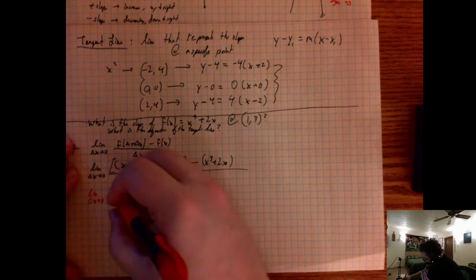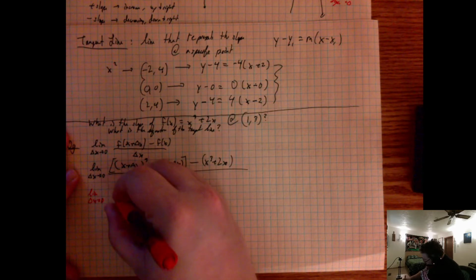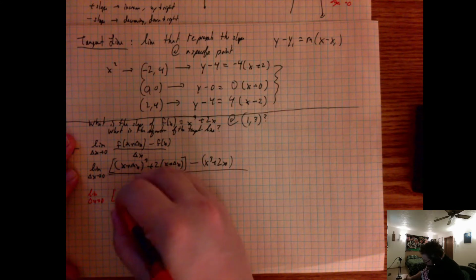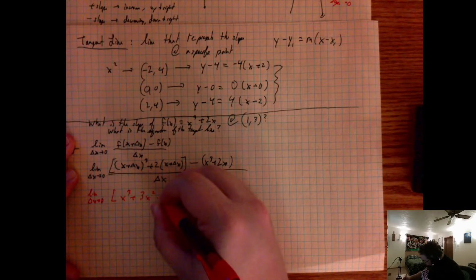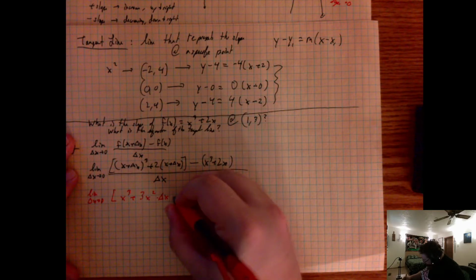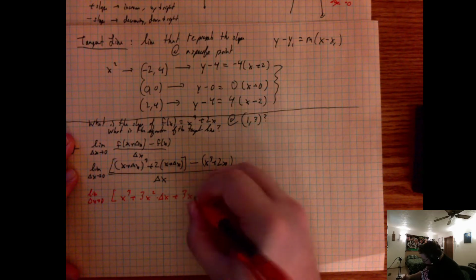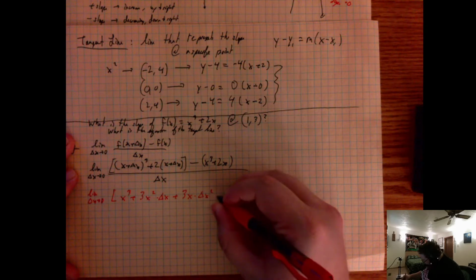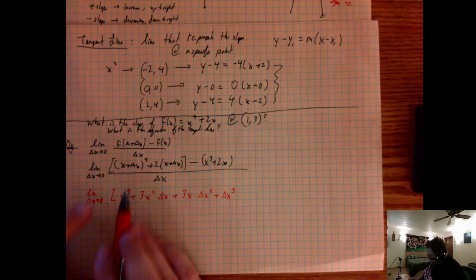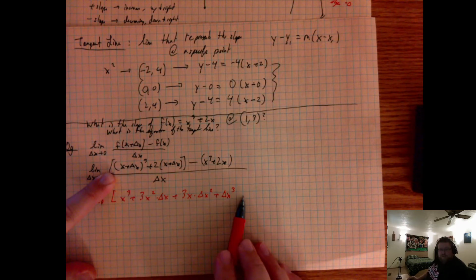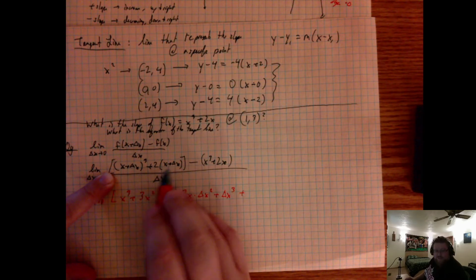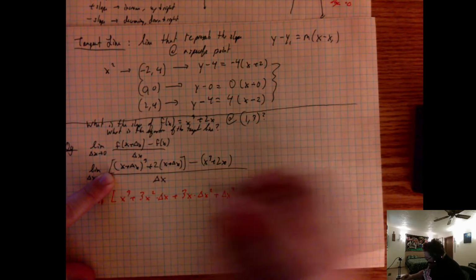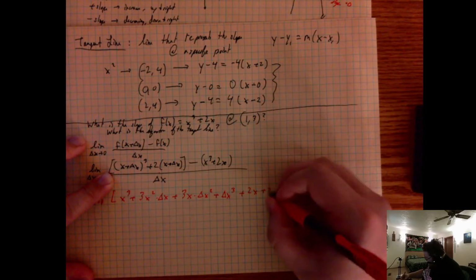So if I cube that first term, that would become x cubed plus 3x squared times delta x plus 3x times delta x squared plus delta x cubed. That is this first term cubed, plus 2 times that. 2 times x would be 2x. 2 times delta x would be 2 delta x.